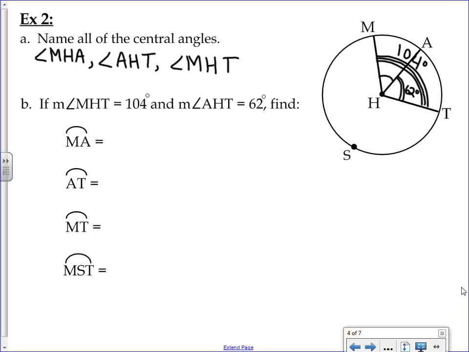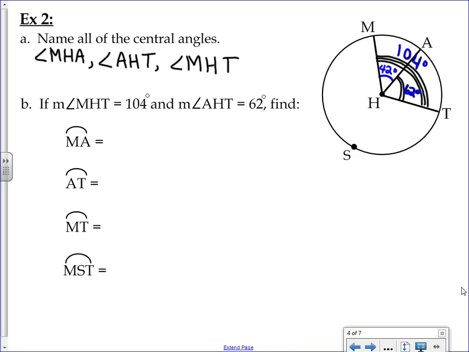Before we even begin, we should probably figure out the measure of the first angle, MHA, using the 104 and the 62 degrees. So how do you think we'll do that? Well, we're just going to subtract them, that's all. So do 104 minus 62, and that will give you 42 degrees.